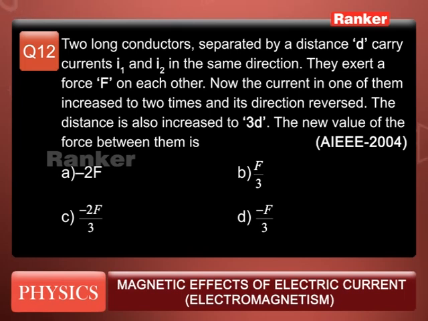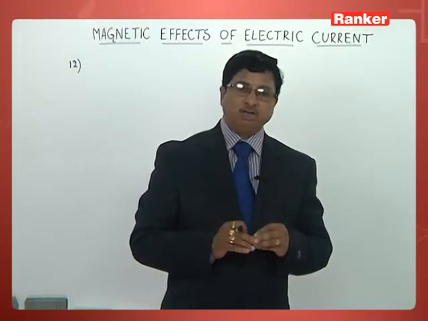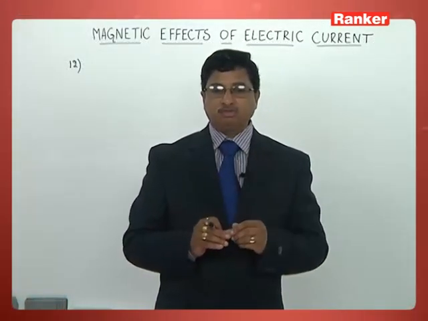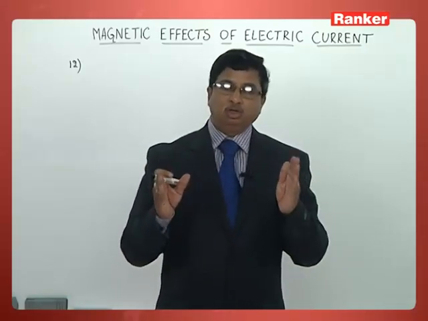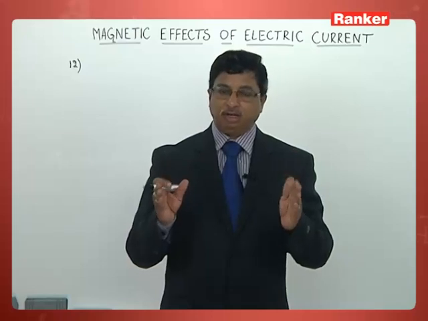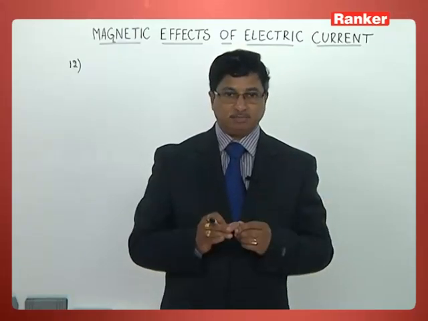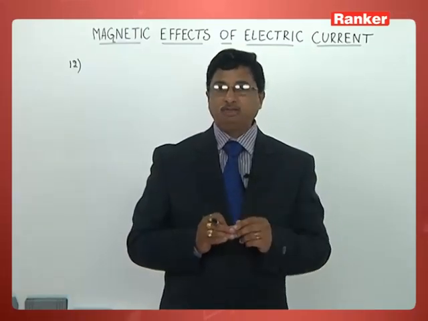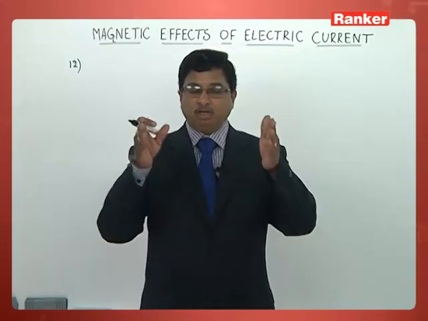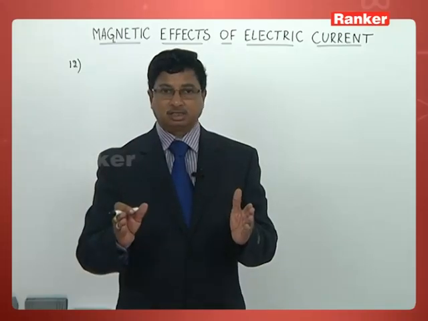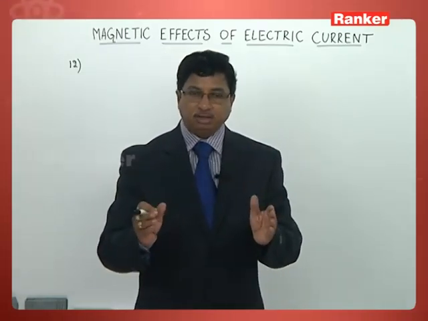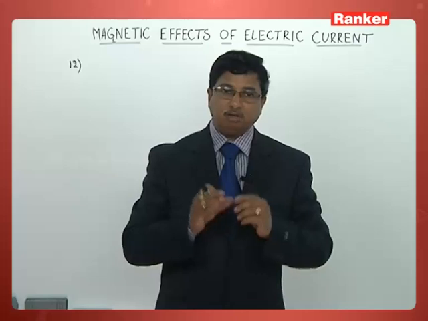That is the concept. So one should understand straight away, this particular question is based on the force between two parallel straight current carrying conductors. And the second point you should understand is, the moment directions of currents in those two parallel conductors are same, then there will be attraction between them.